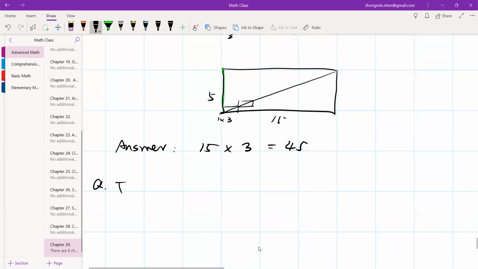So here's a question. The size is not fixed.